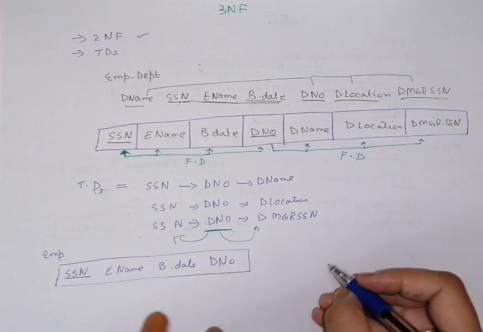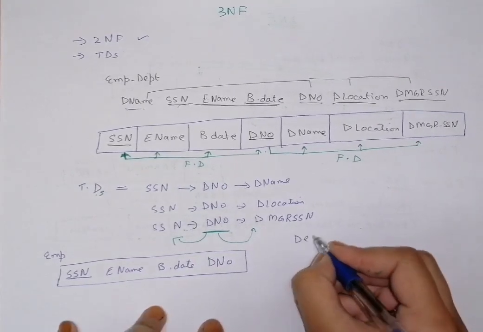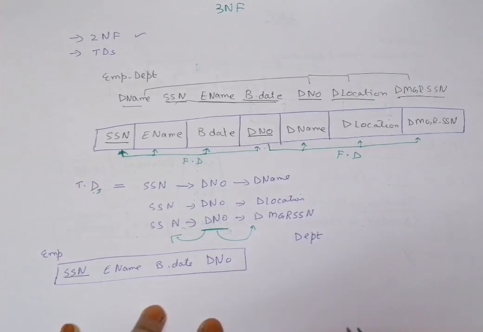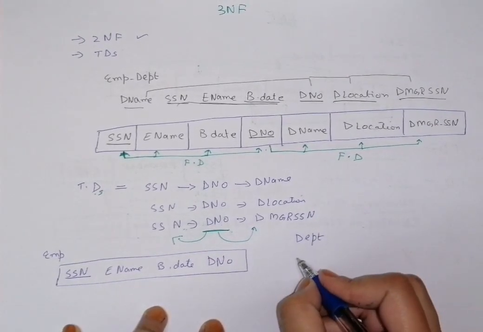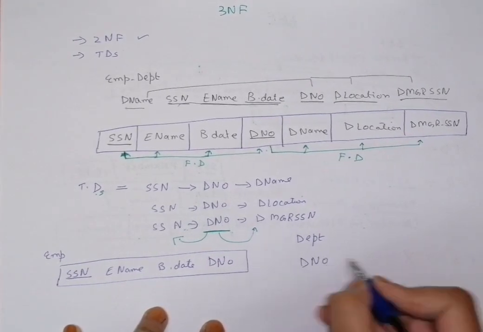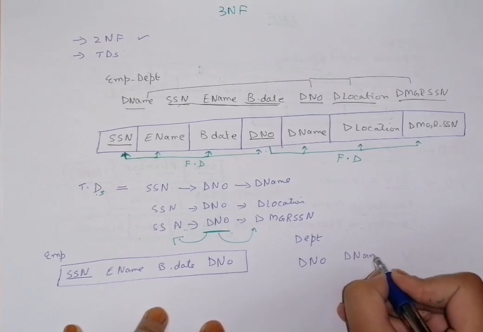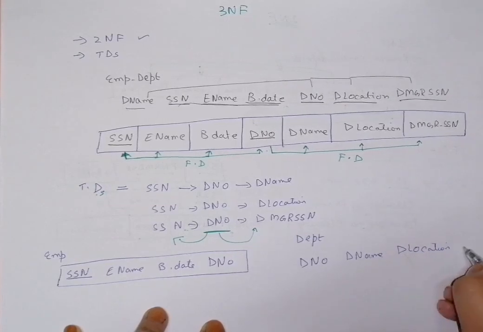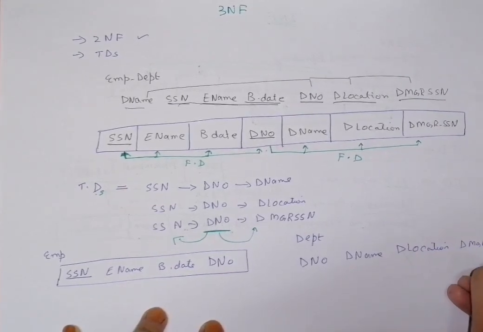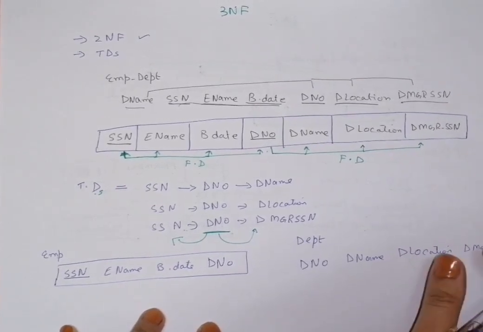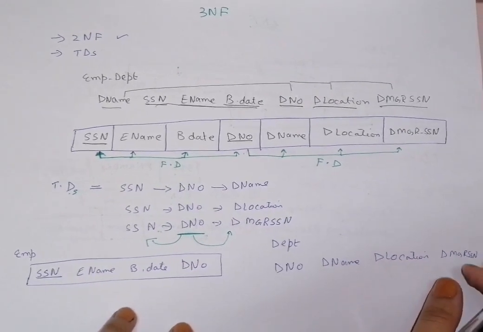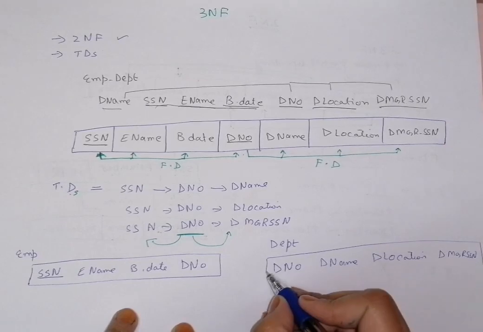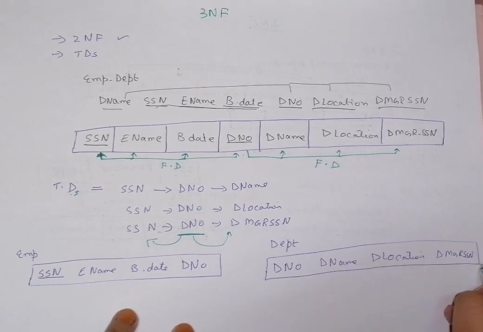I create a second table, department, and in this department table I add department number, department name, department location, and department's manager SSN as attributes.